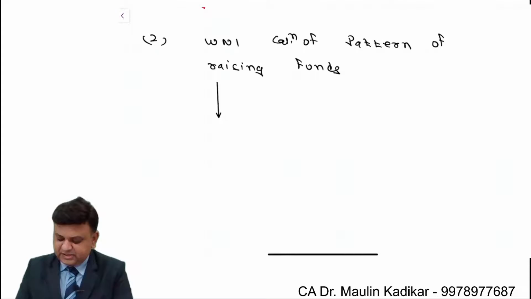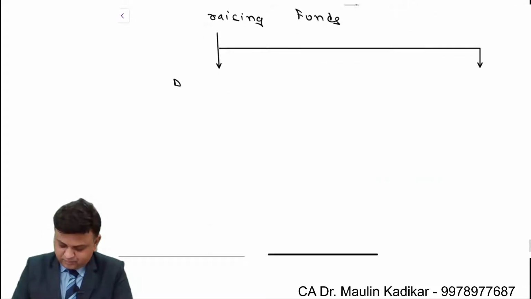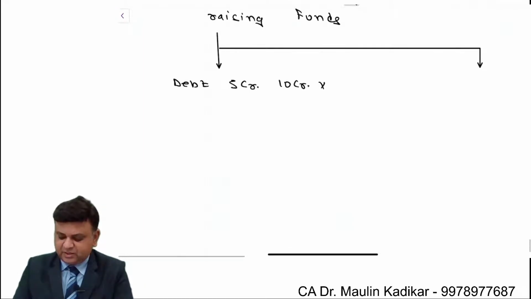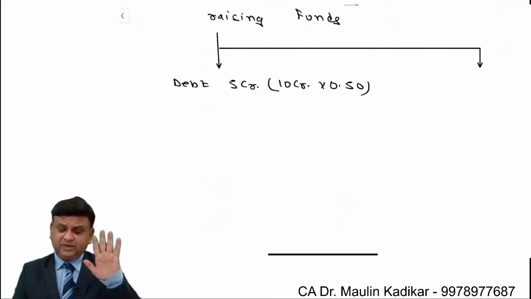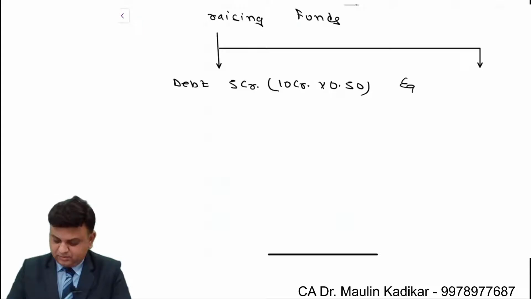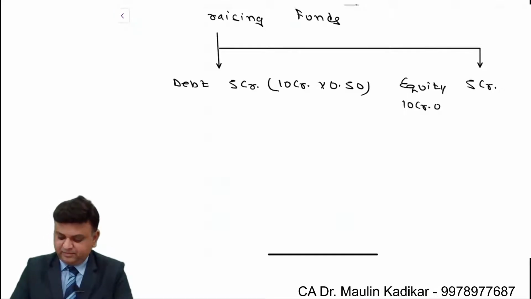It has been given that 50% will be equity and 50% will be the debt financing. So debt financing is 5 crore. It is 10 crore into 0.5 and the equity is again 5 crore. It is 10 crore into 0.5.